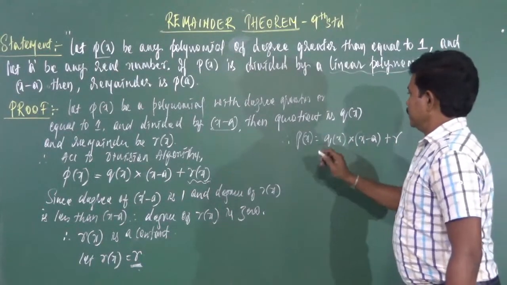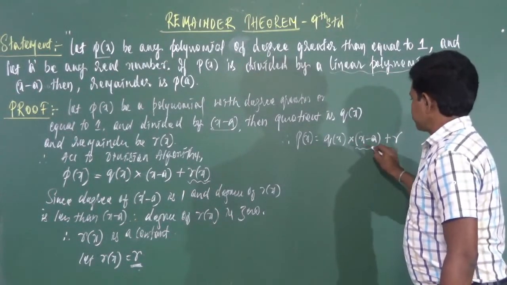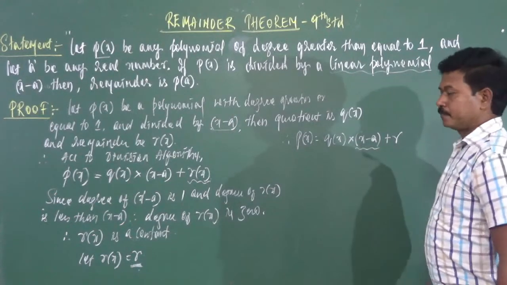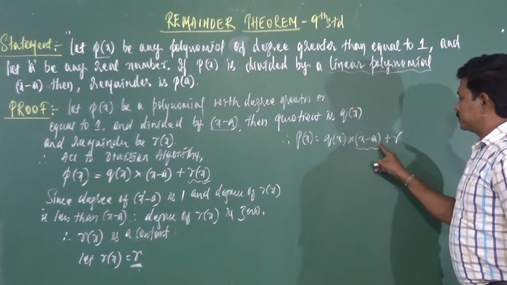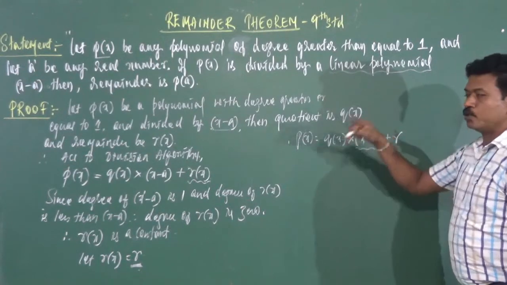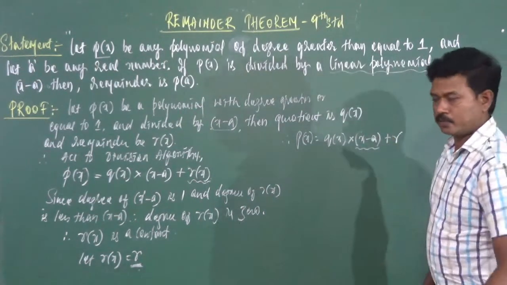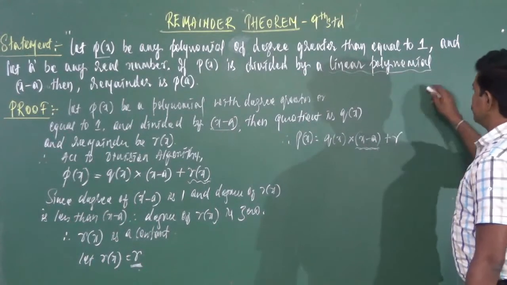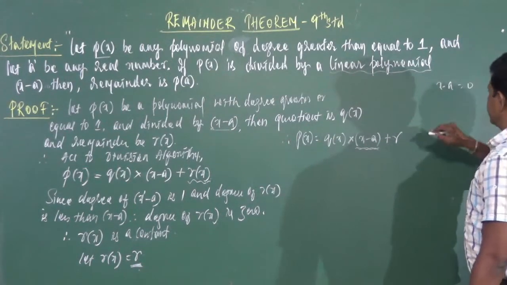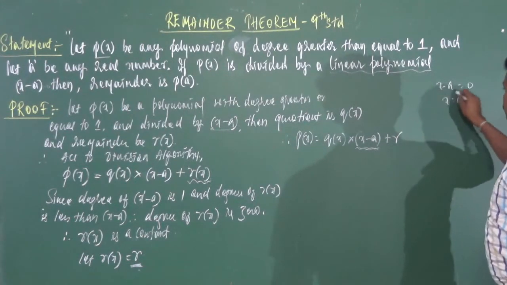Now here, in this x minus a, if x minus a is equated to 0, then x becomes equal to a.